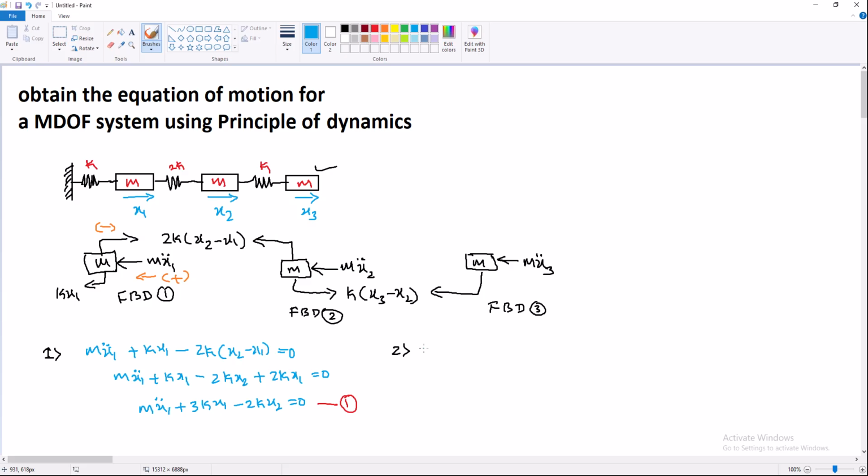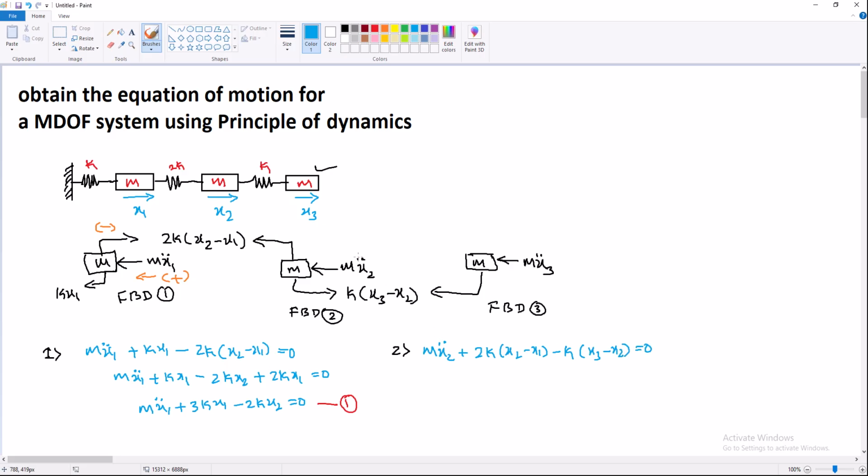If I write that, it is m x2 double dot plus 2k (x2 minus x1), and again minus k times (x3 minus x2), which is equal to 0.